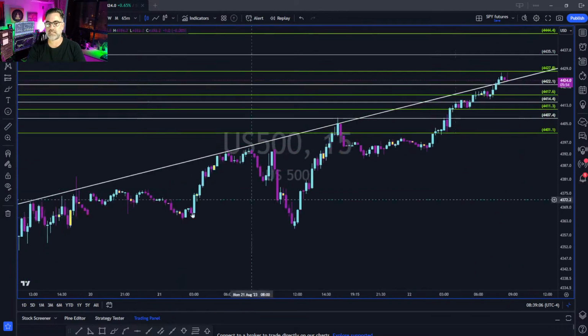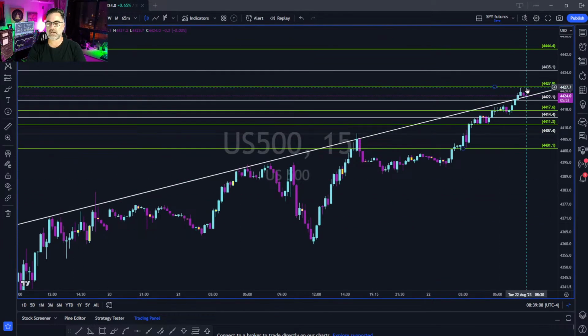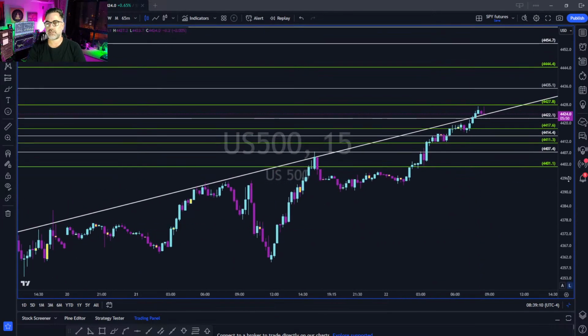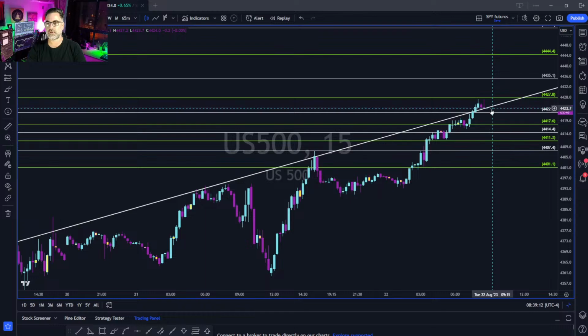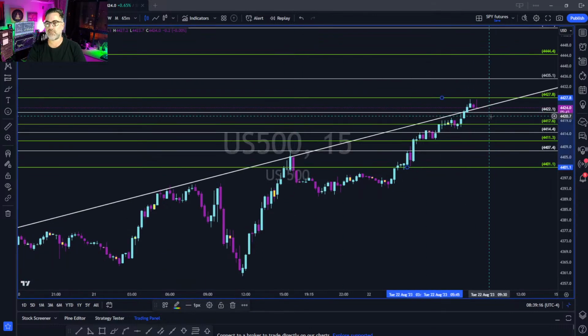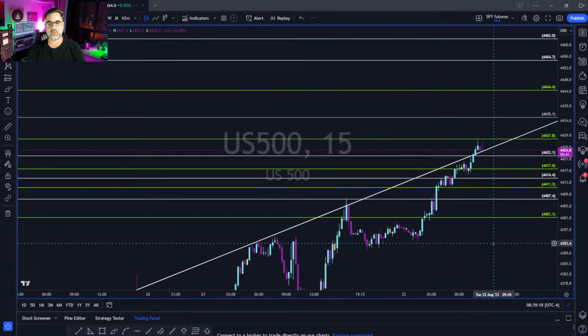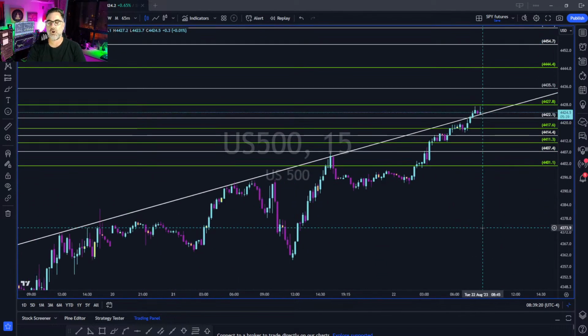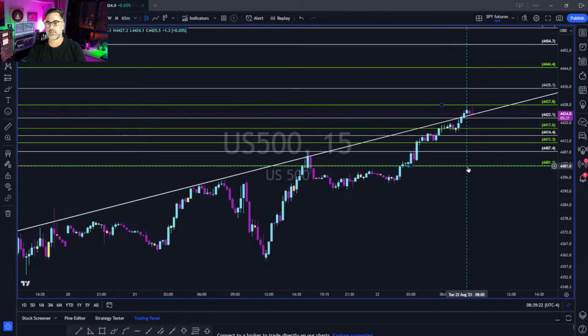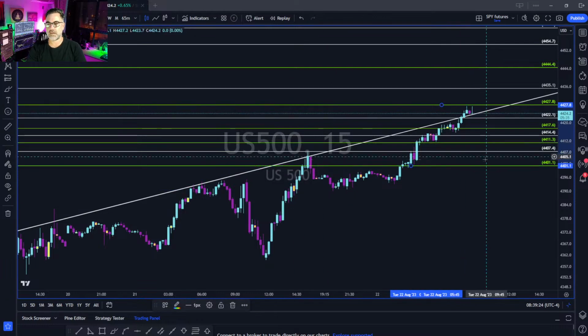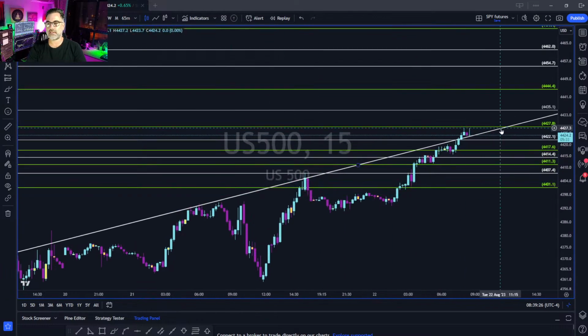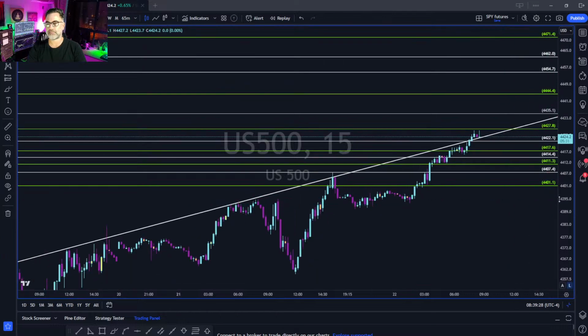It was a very tough resistance, and all trend lines turn from resistance to support. Let's see if this trend line can hold the support together with the 44.22. And as you can see, I don't use any other indicators. All we use is the Fibonacci levels and trend lines.